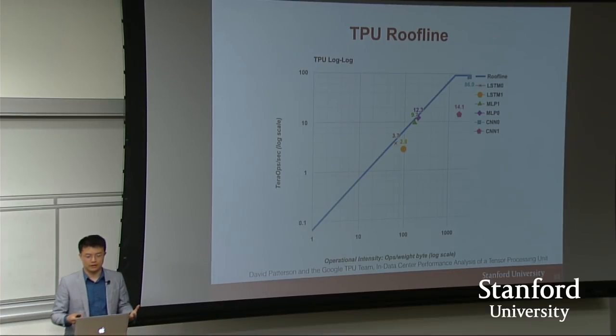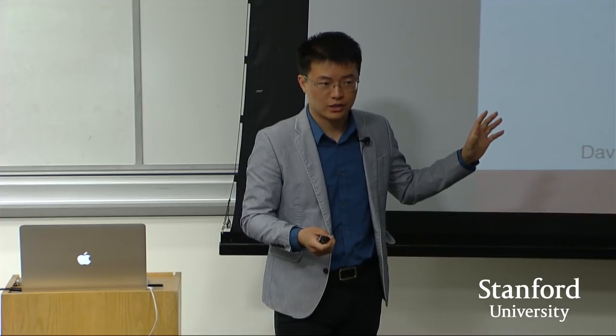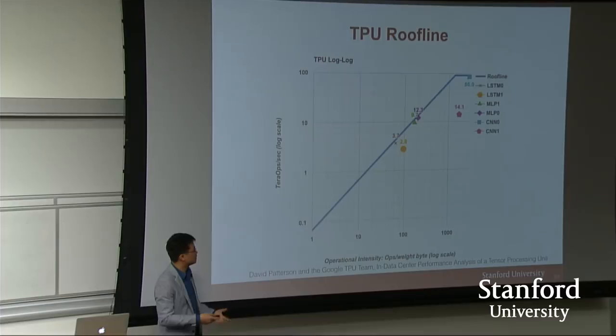But why is it like that? The reason is, in order to have real-time guarantees, so the user doesn't wait too long, you cannot batch a lot of users' images or speech voice data at the same time. As a result, for those fully connected layers, they have very little reuse. So they are bottlenecked by the memory bandwidth.